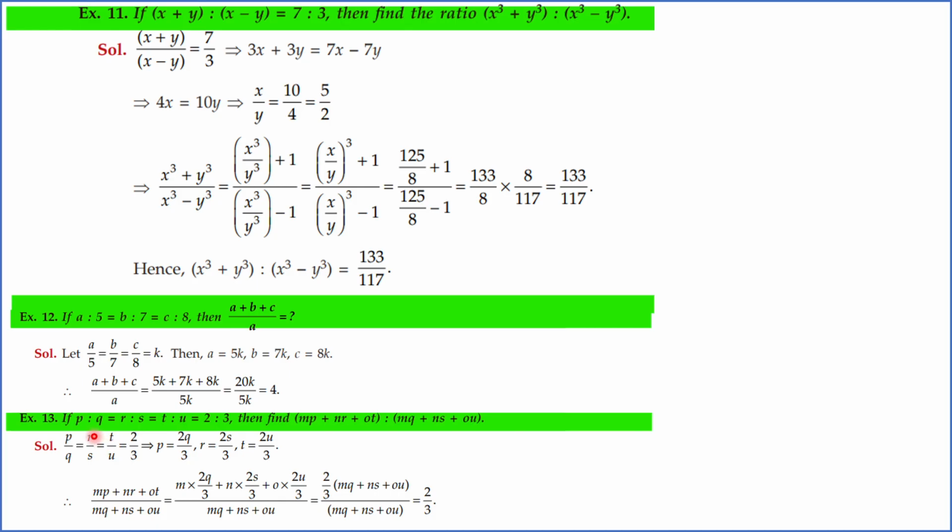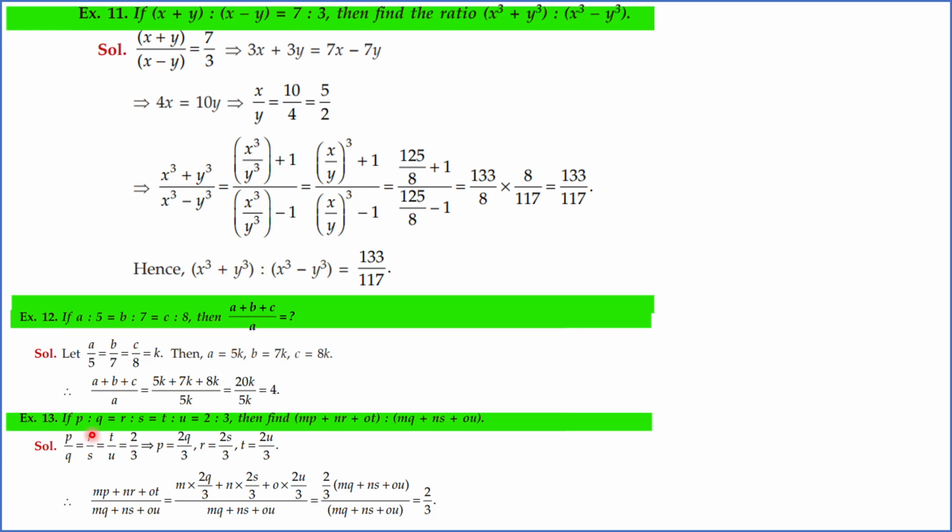If p is to q equal to r is to s equal to t is to u equal to 2 is to 3, then find (mp plus nr plus ot) is to (mq plus ns plus ou).